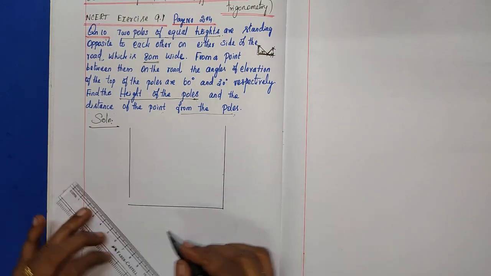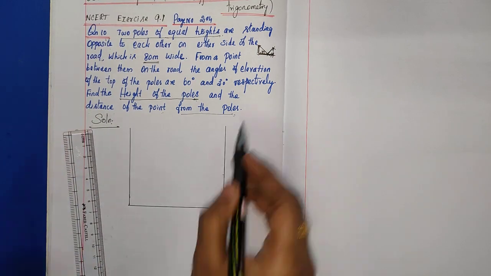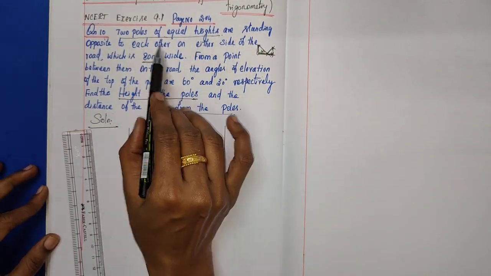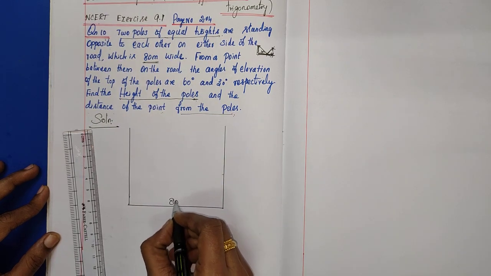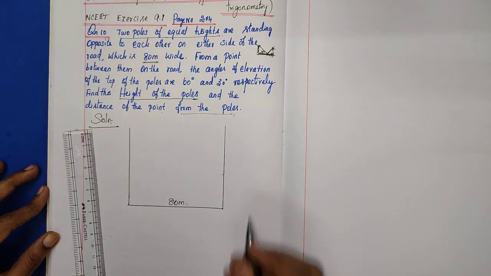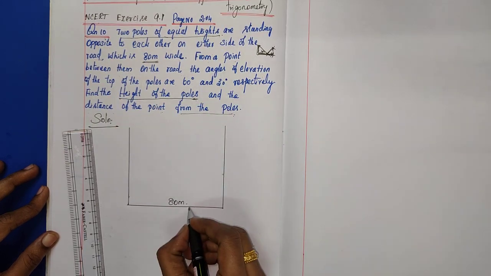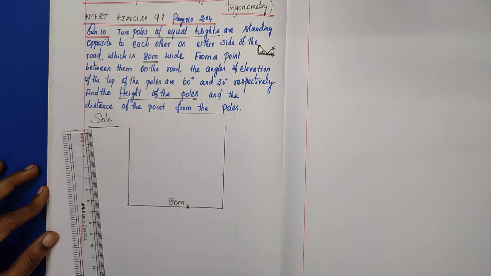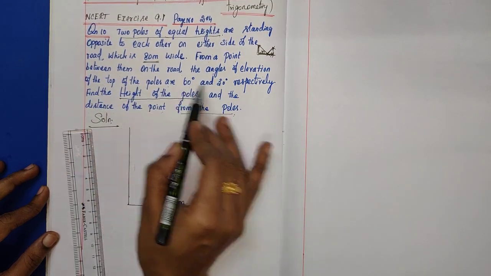Actually this is considered as a road. The distance between them is 80 meter. It is 80 meter wide. And from a point between them on the road, take any point on the road, the angles of elevation of the top of the poles are 60 and 30.